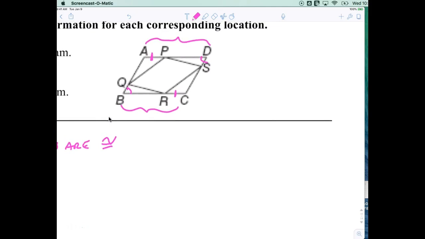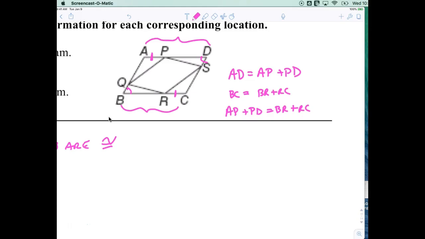You would say that because AD is equal to AP plus PD, do you agree with that? And then down here you would say BC is equal to BR plus RC, right? So they're equal. So then you would say, because AD is equal to BC, then AP plus PD is equal to BR plus RC, right?